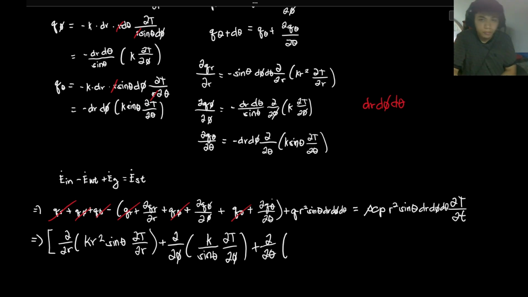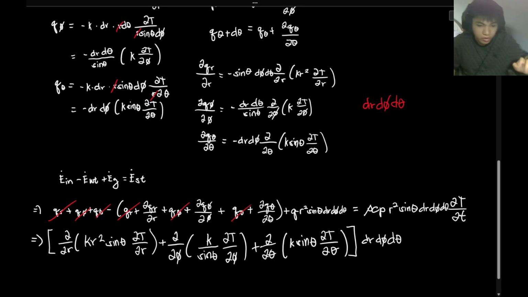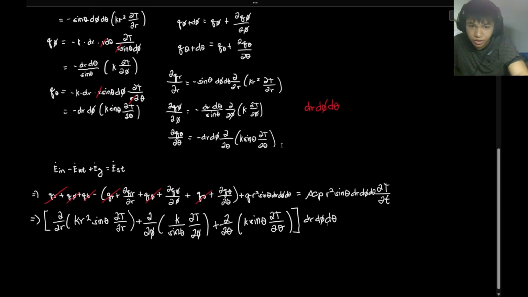And then we just copy this since the set is already inside: k sine theta, partial derivative of temperature with respect to theta. And then, outside we have our dr, d phi, and d theta, since they all have these multiples. And then, let's zoom out a bit so we can fit in the rest of the solution.